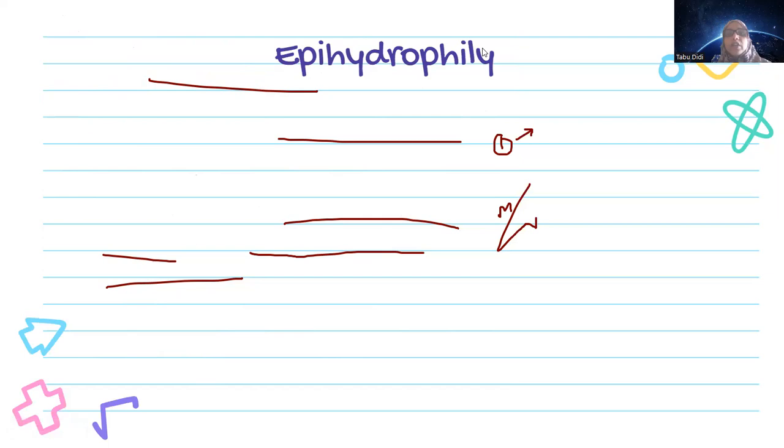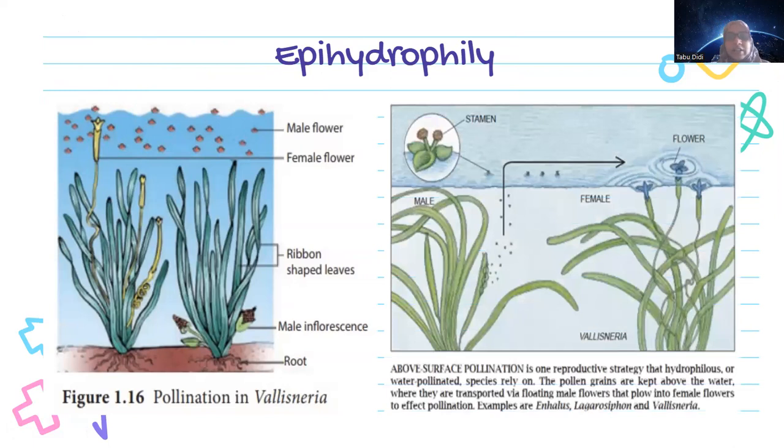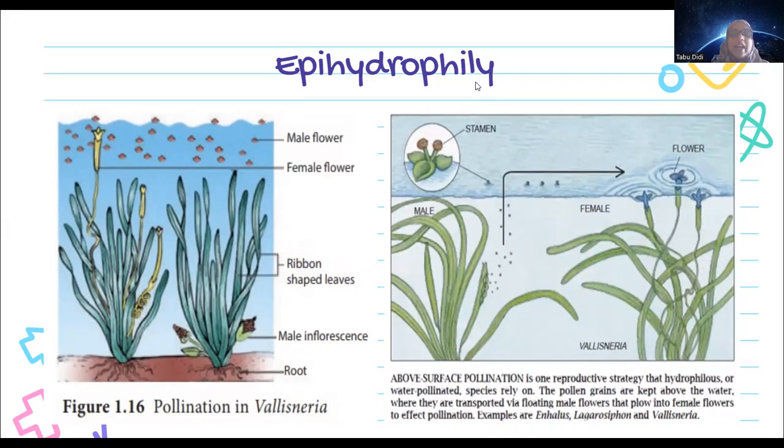Now moving to the next type of pollination occurring with the help of water, epihydrophily. Epi stands for above the water surface, hypo below, epi above.